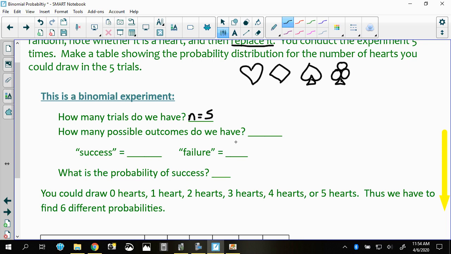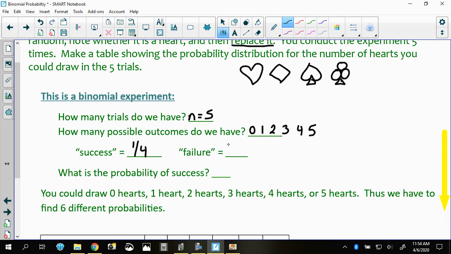How many possible outcomes do we have? Well, you can have no hearts, 1 heart, 2 hearts, 3 hearts, 4 hearts, or 5 hearts. So there's 6 possible outcomes if you look at your probabilities. The probability of success is 1 out of 4 because only 1 of the suits is hearts.